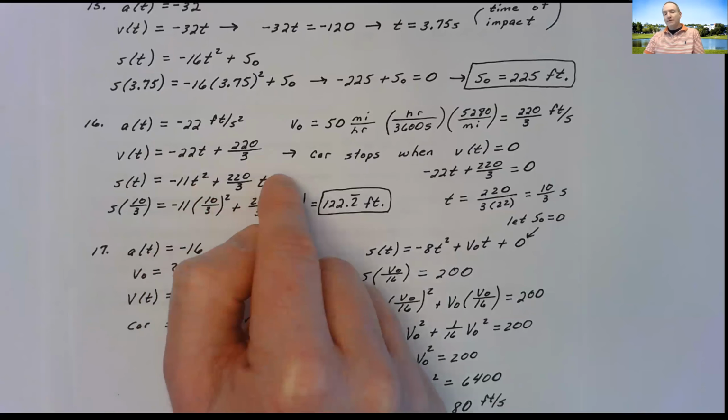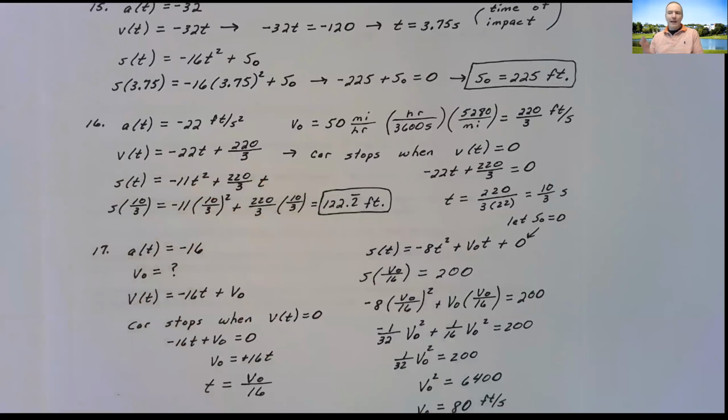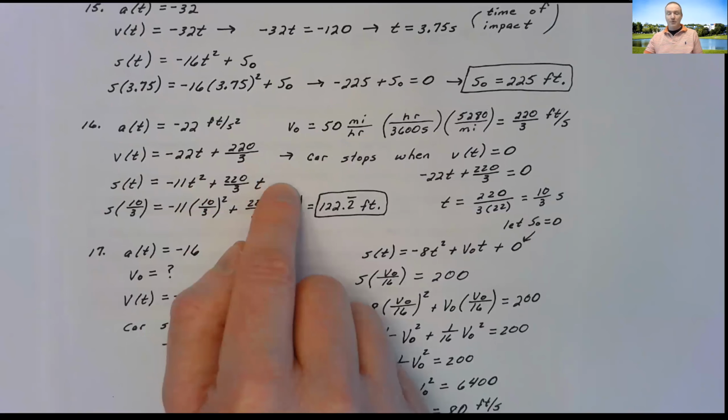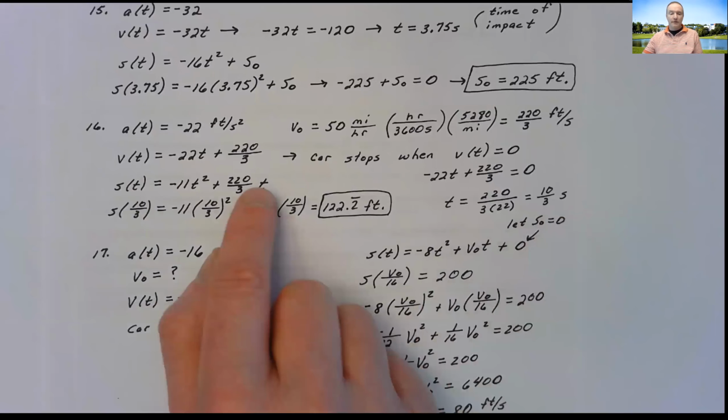Now, you could say plus c, where c is your original position, but if we allow our original position to be 0, then whatever s is evaluated at a certain time, that's going to be your stopping distance. So I purposely want to allow s sub 0 to be 0 here. And I did the same thing in the next problem. You'll see I let s sub 0 equal 0 there as well.